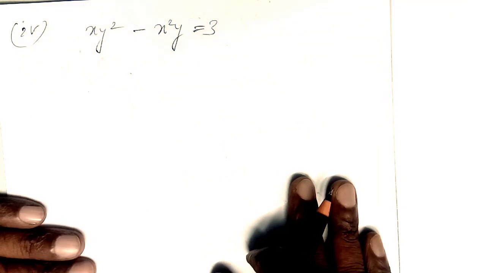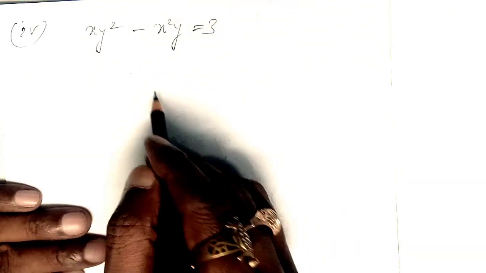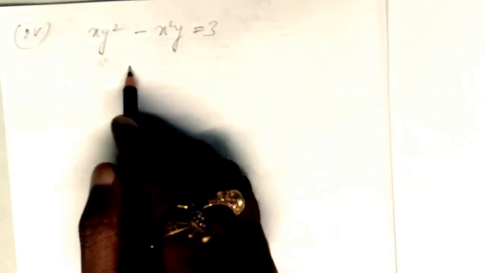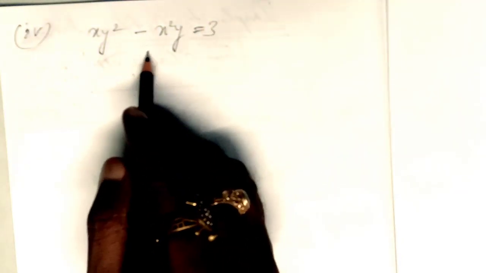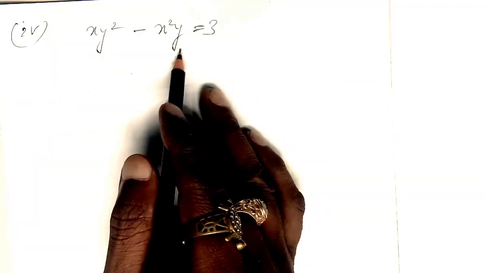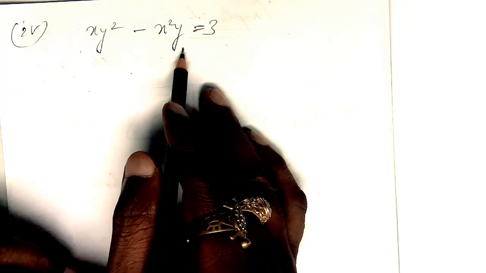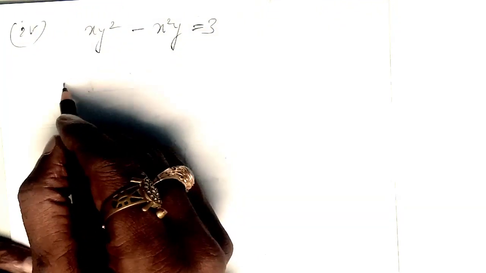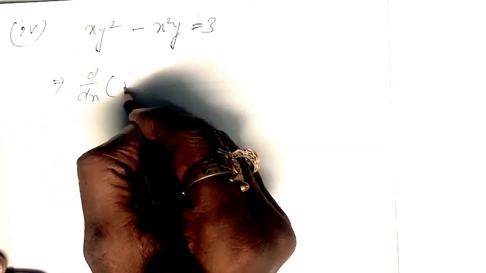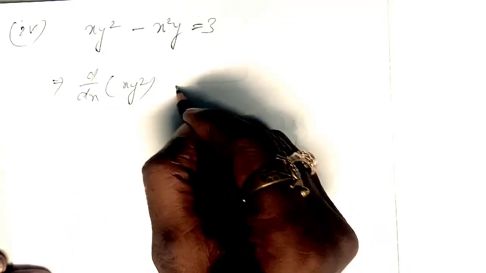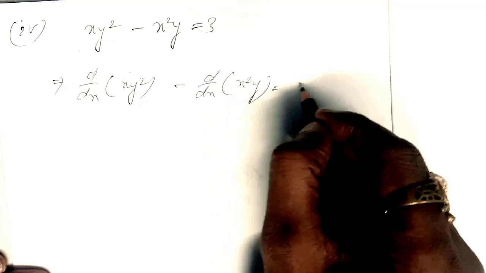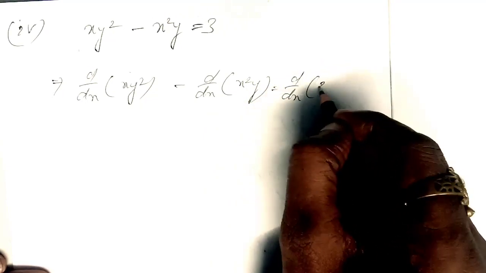See, I am doing the question number 4th part. The question is given like this. What is the question given? x y square minus x square y is equal to 3. Differentiating both sides with respect to x means d by dx of x y square minus d by dx of x square y equals d by dx of 3.